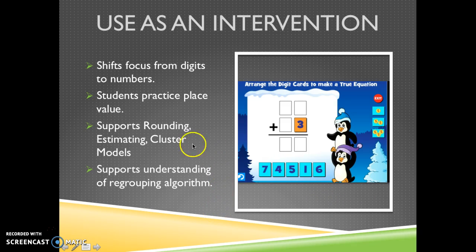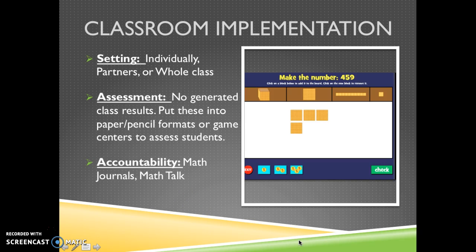So this also supports rounding, estimating, and cluster model strategies. This kind of place value practice is really giving kids conceptual understanding of place value, which also will support the understanding of regrouping for the standard algorithm. In order to use this strategy, we have to think about how we might implement it into the classroom.